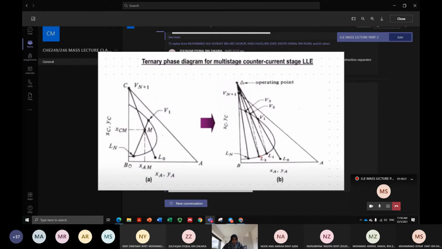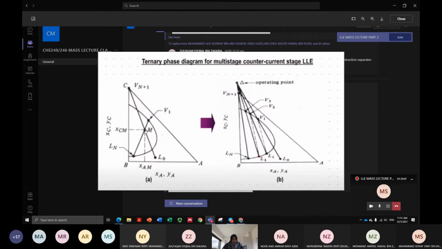Label them first. Once we have labeled them, you can draw a straight line connecting your raffinate and your extract. You get one particular straight line. Next is to draw your feed. You connect your feed coordinates with your solvent coordinates.